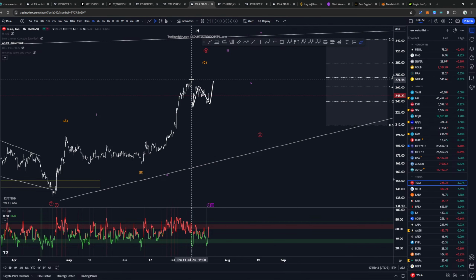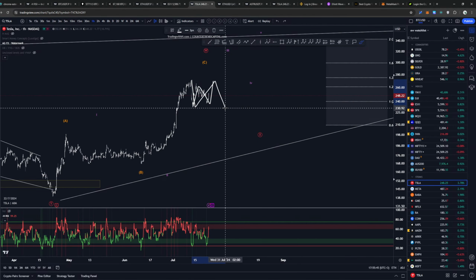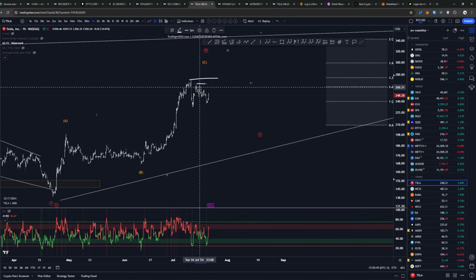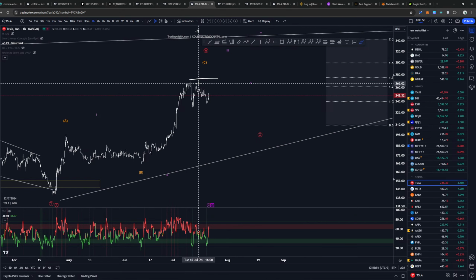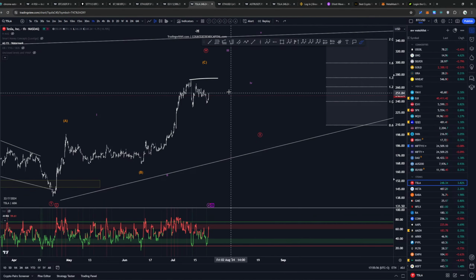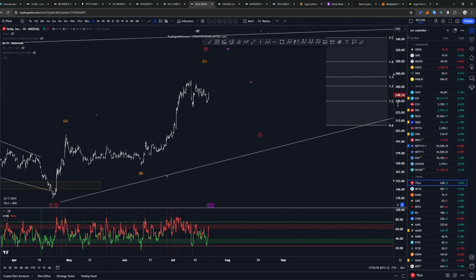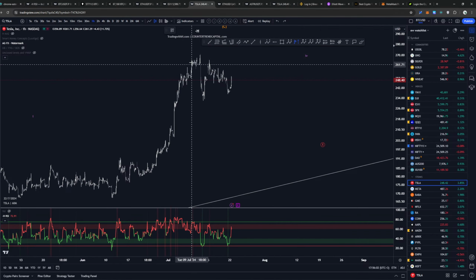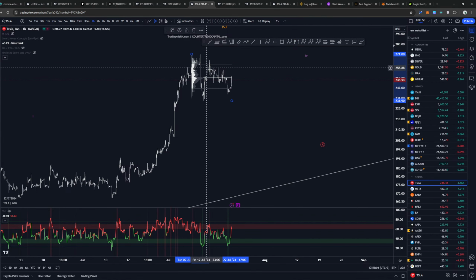And if this indeed is the start of an impulse, we would have another structure like this. But again, that gets invalidated very close to this top, and this top is where I would be interested in going short. Of course, that allows us to have a very tight stop loss, but this area has already been used.